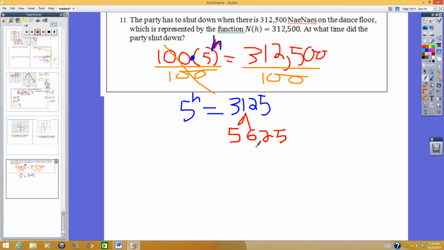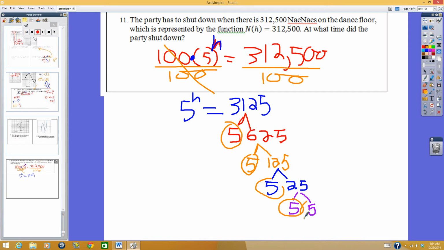And then you just keep going. 625 divided by 5 is 125. 125 divided by 5 is 25. And 25 divided by 5 is 5. Okay? So right now we've got 1, 2, 3, 4, 5 5s.